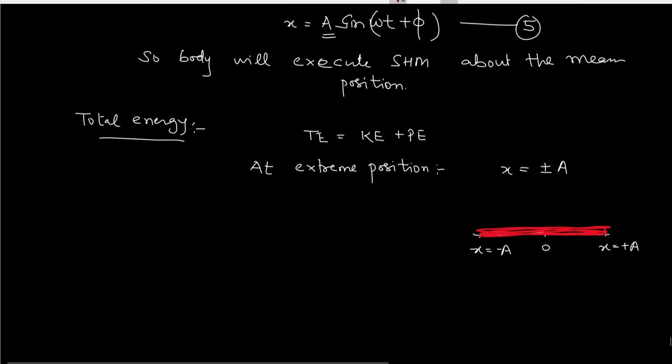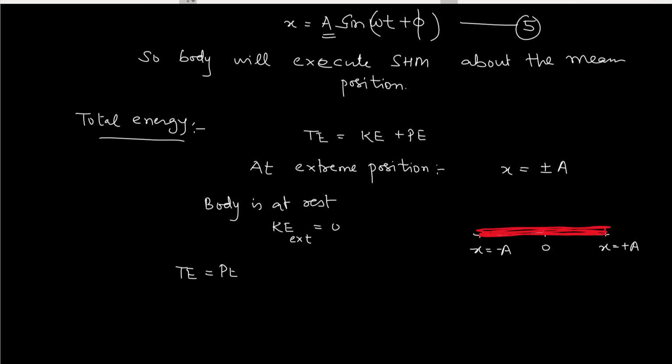So at the extreme position the body is at rest, so the kinetic energy at the extreme position will be 0, so the body will have only potential energy, so the total energy will be equal to the potential energy at the extreme position.